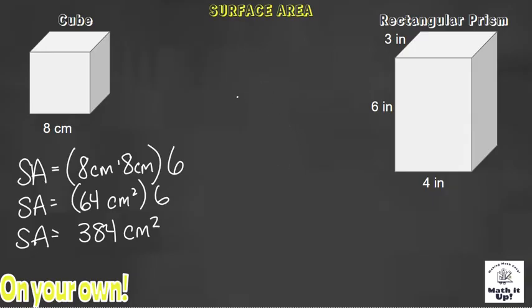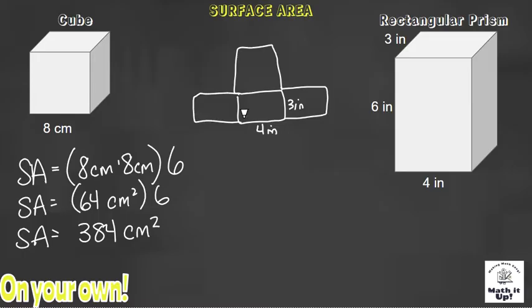The bottom of this figure is going to be 4 inches across here and 3 inches across here. And then these sides are going to come out 6 inches tall each. So these are all 6 inches.